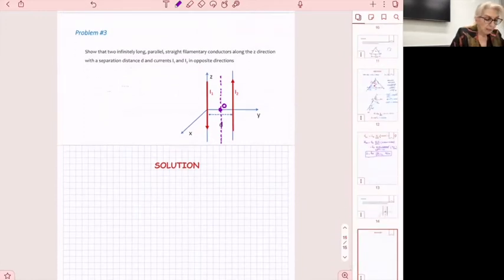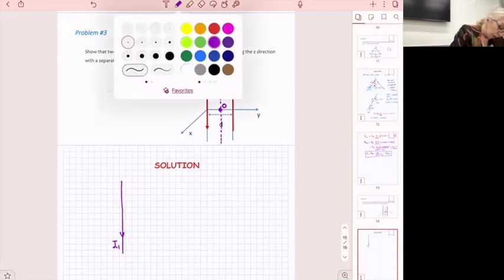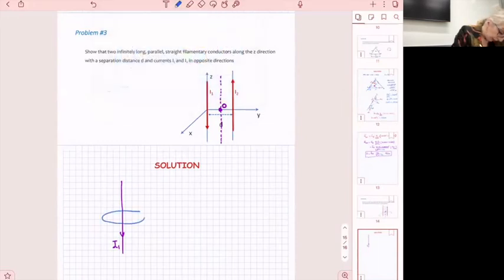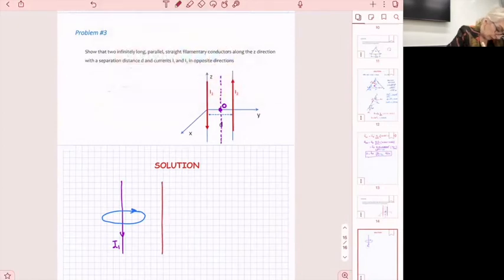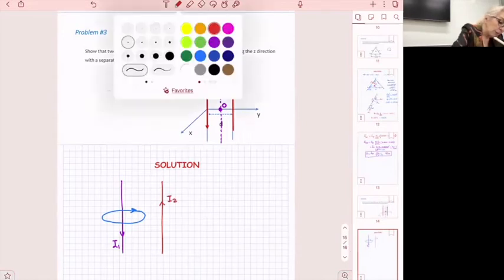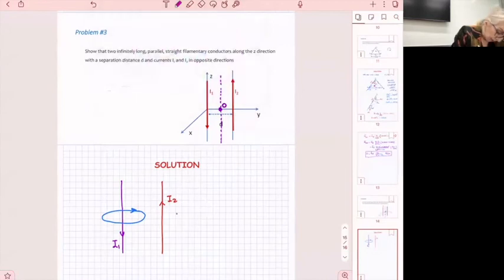So that is exactly superposition. You take one current, I1, that goes like this, and it has a magnetic field here that goes like that. The other one goes in the opposite direction, like this, so the magnetic field from there would go like this.